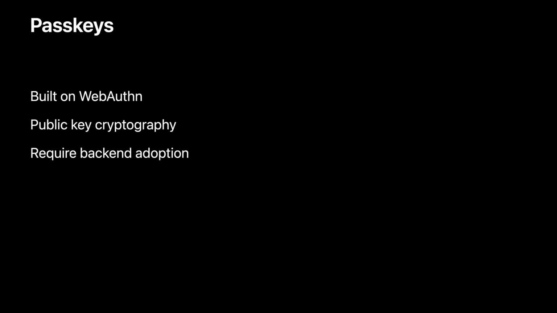Passkeys are built on the Web Authentication, or WebAuthn standard, and use public key cryptography. Rather than having a typable word or string, unique cryptographic key pairs are generated for every account. You'll need to adopt WebAuthn on your server backend in order to perform passkey sign-in. Any standard WebAuthn server implementation should work with passkeys.